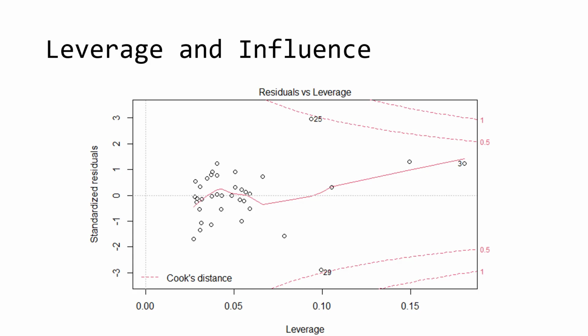Contours of constant influence, measured by a metric called Cook's distance, are shown in dotted red. Values worth checking have a Cook's distance that's much larger than the others. In this case, we have a few observations with larger Cook's distances, but the top two have a value of about 0.5, and there are others with values close to that, which is less concerning.